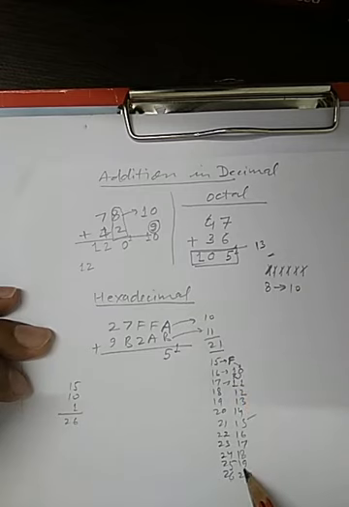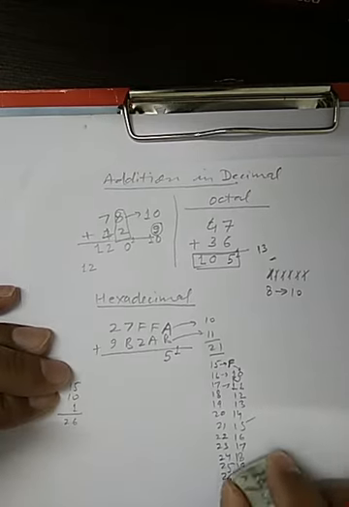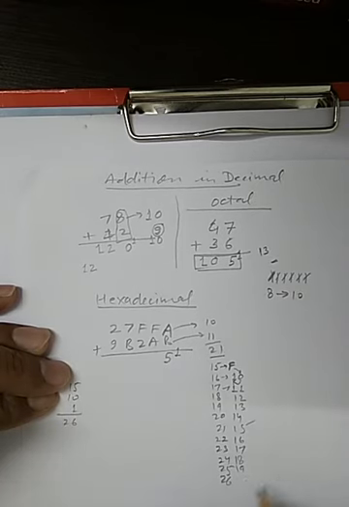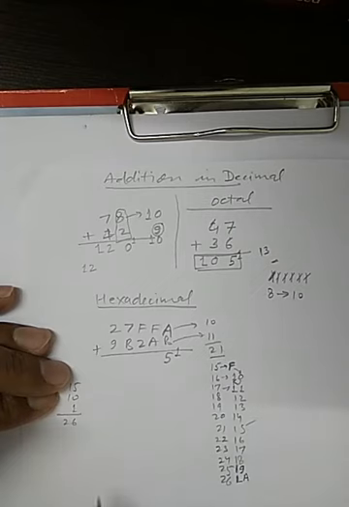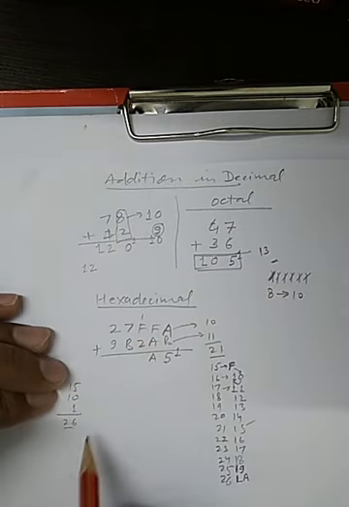After 9, it should be 1 9, then 1 A. What is the next symbol after 9? It is A. So 1 9, 1 A. So 26 is represented as 1 A. So it will be A, and 1 is the carry over here. Again the carry will be added.